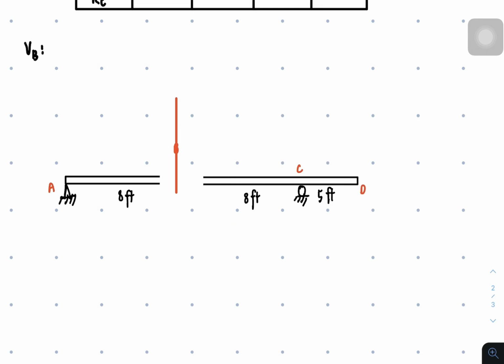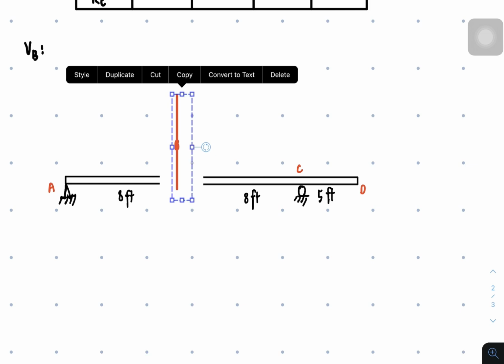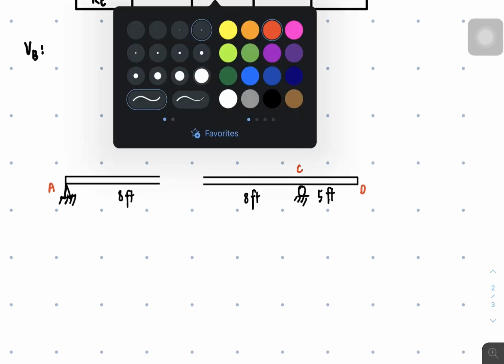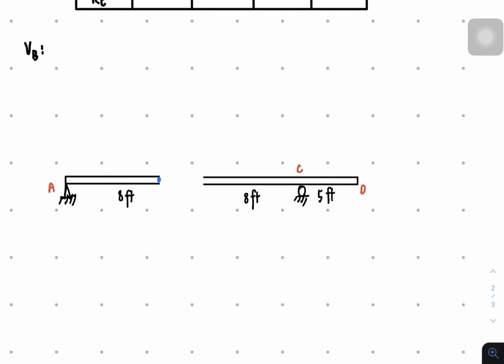Then let's just delete that. Okay, since we cut the beam at that portion, there would be shear and moment. The same way, there is also shear and moment there. So if in case your shear there is upward, then here the shear is downward.